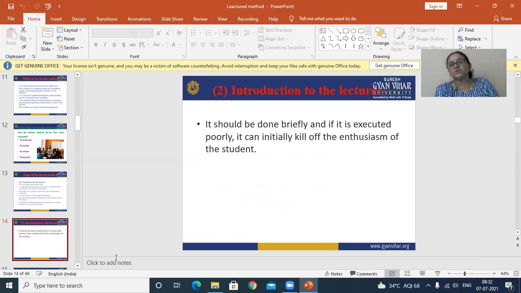It should be done briefly, and if it is not executed properly, it can initially kill off the enthusiasm of the student. So, introduction of the lecture should be proper.